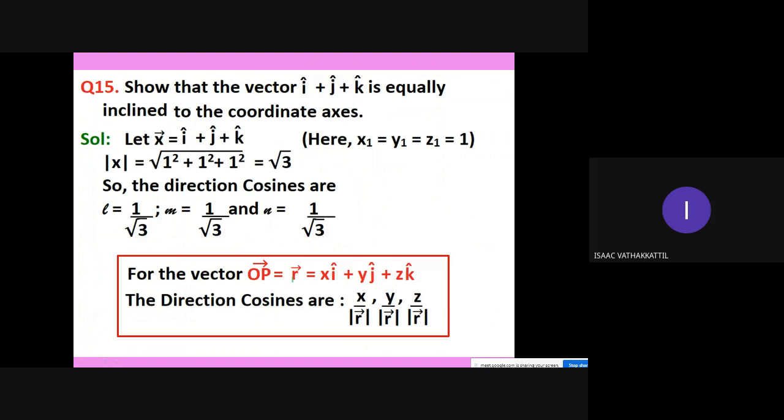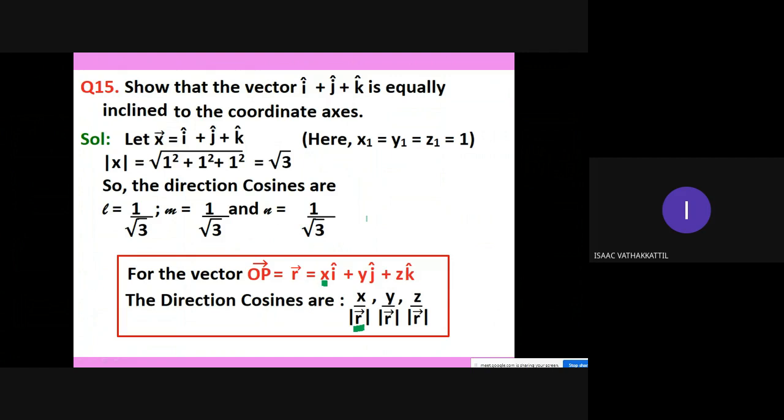That is r dot i by magnitude r, which here is x upon magnitude r. Here x, y, z are the coordinates or components, the i component, j component, k component. Here it is 1, 1, 1, so magnitude of r is root 3. So L will be 1 by root 3, M will be 1 by root 3, N will be 1 by root 3.